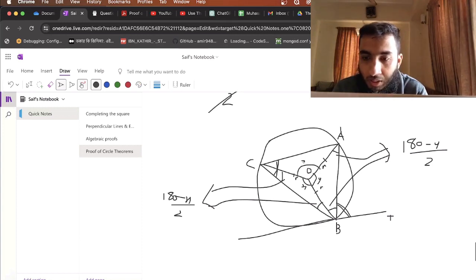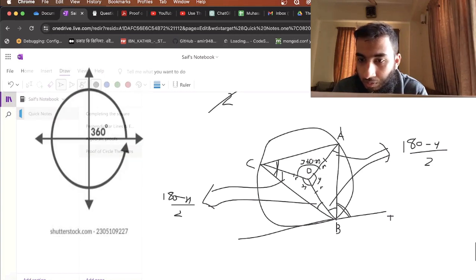And similarly, if this is X and this is Y, then this is 360 minus X minus Y. So what are these two angles?